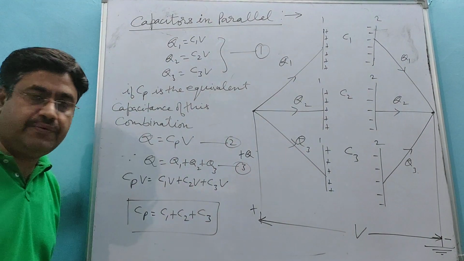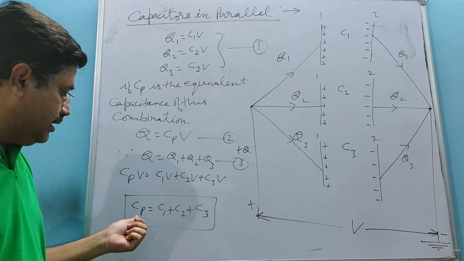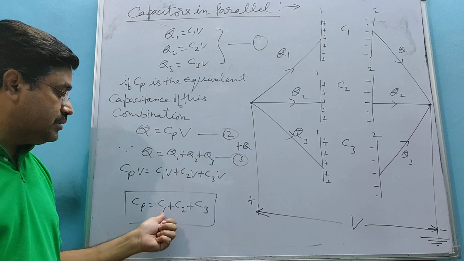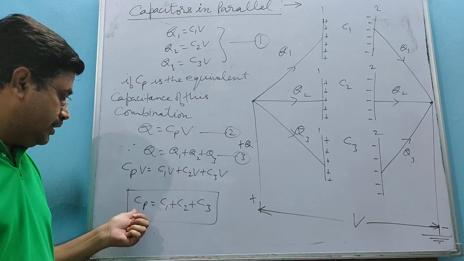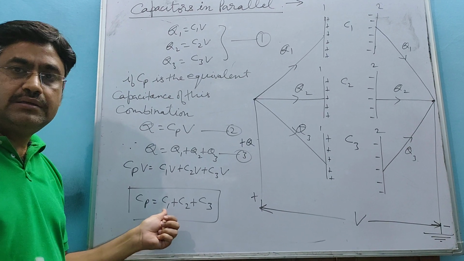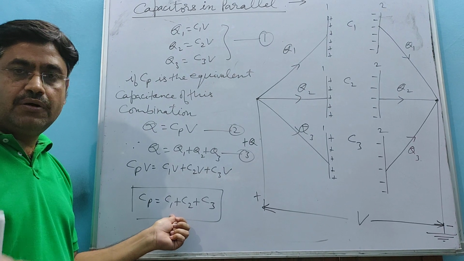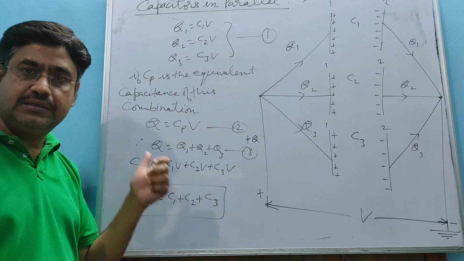That is, if capacitors are connected in parallel, then equivalent capacitance is equal to the sum of individual capacitances. Equivalent capacitance is equal to the sum of capacitance of individual capacitors, that is C1 plus C2 plus C3.